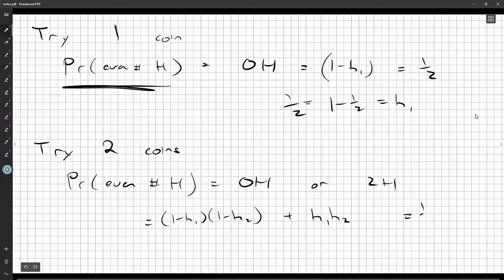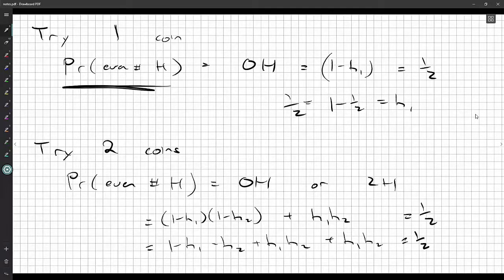And we're told this is 1/2. Now that's a lot of variables, and I suppose we could expand this out. I was hoping the H1, H2 terms would cancel out. They don't. So there's nothing really we can do there.